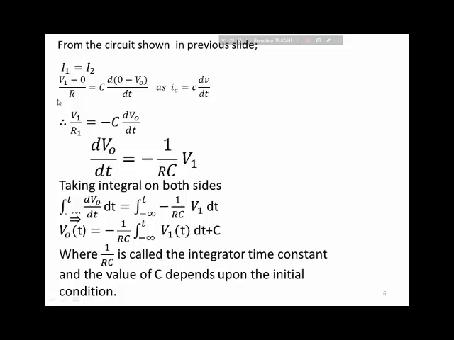Now by simplifying this equation, we can write it as V1 over R. This is R actually, and not R1.